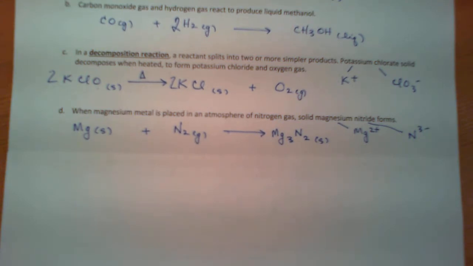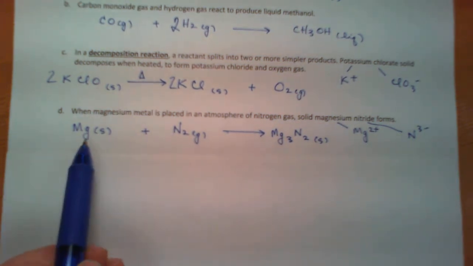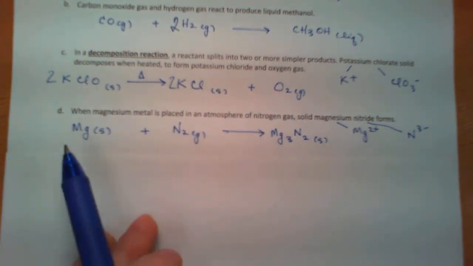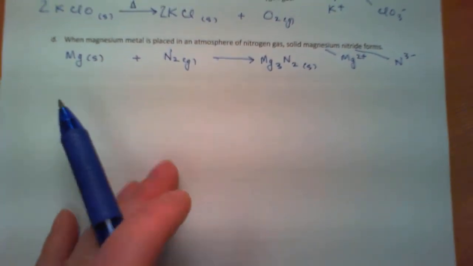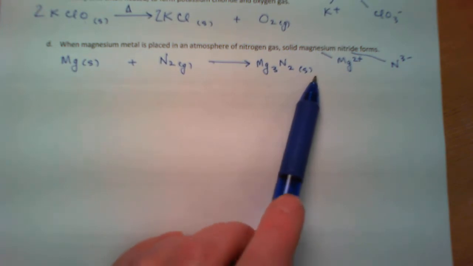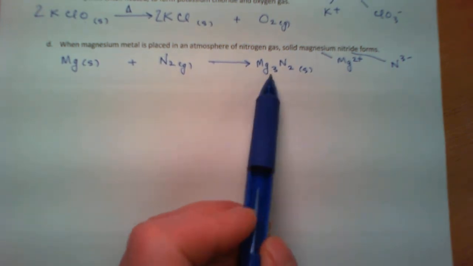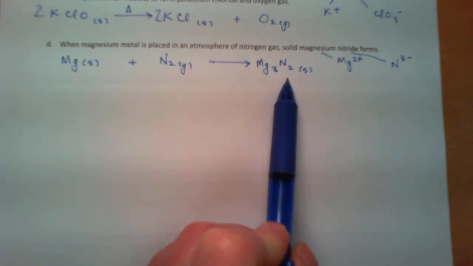Magnesium metal is placed in an atmosphere of nitrogen gas. So nitrogen gas is flowing over a strip of magnesium metal, and it's making solid magnesium nitride. So nitrogen is just before oxygen in the periodic table to the left, and its common ion is N3 minus.